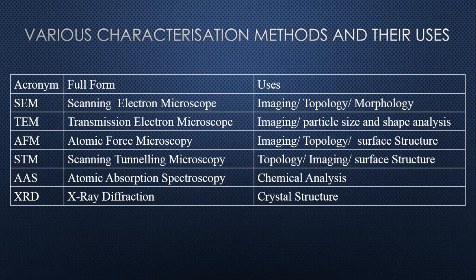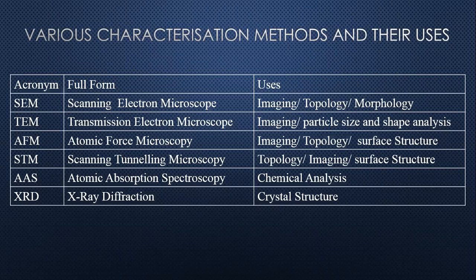Next is the STM. STM stands for Scanning Tunneling Microscopy. The use of scanning tunneling microscopy is for topology, imaging, and surface structure of nanoparticles can be characterized. Next method is AAS.